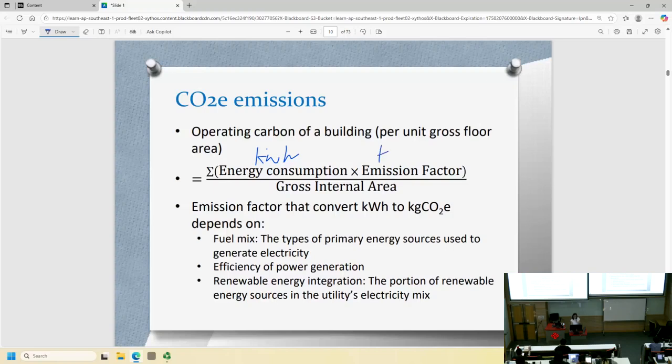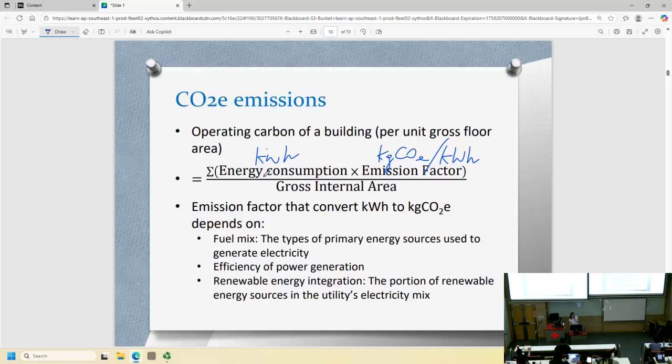So it should be kg or ton of carbon dioxide equivalent per kilowatt hour. So energy consumption multiplied by the corresponding emission factor.